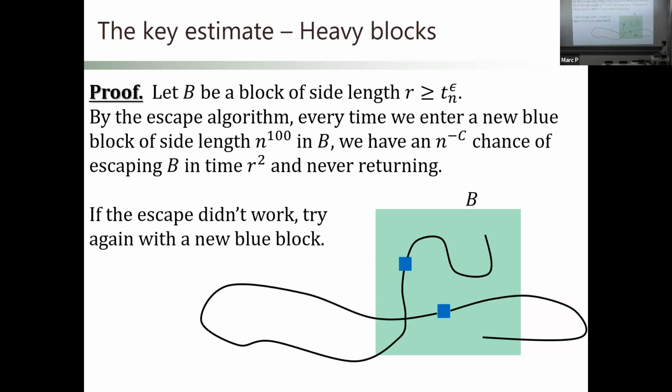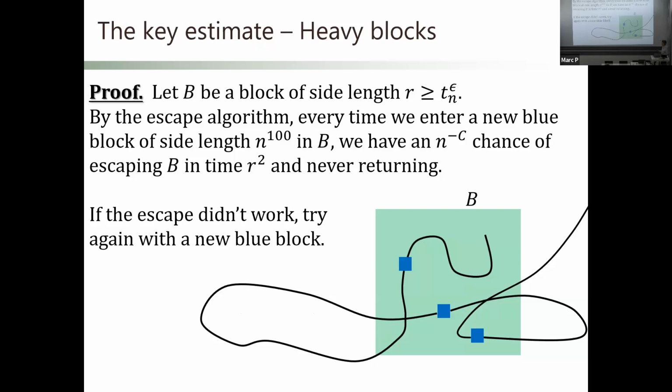Maybe that one fails. But the idea is that you only have to try a few times before you'll escape away from B and never come back again, at least up until time Tn later. And so the total amount of time you'll spend in this box, if it's side length r, would be like r squared times polylog r, which will be smaller than r to the 2.1.